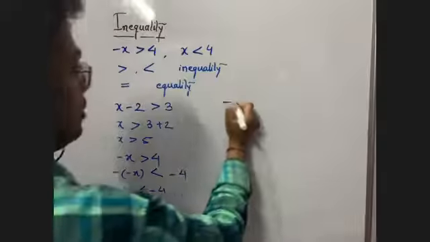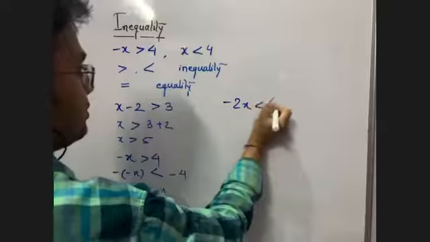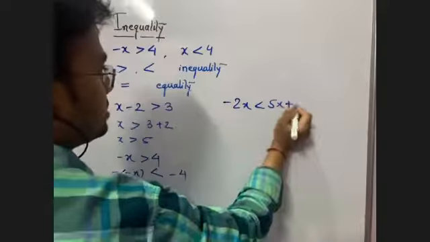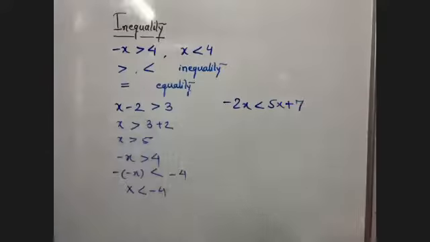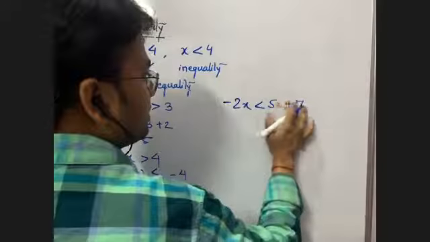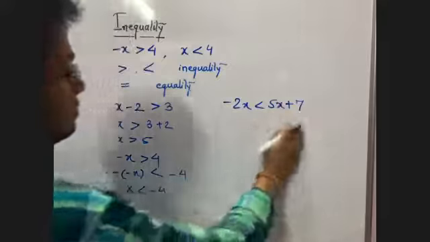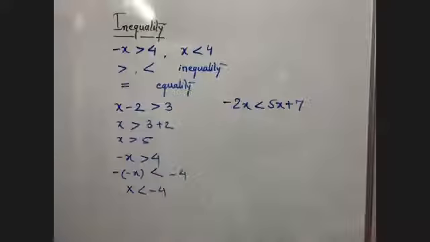Suppose minus 2x is less than minus 5x plus 7. Suppose I want to solve this.